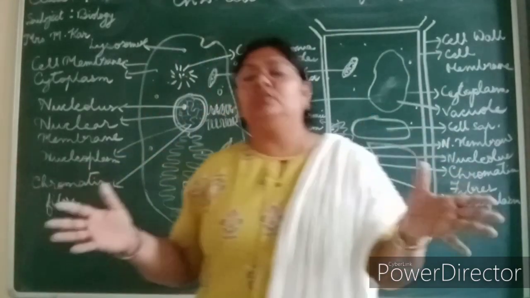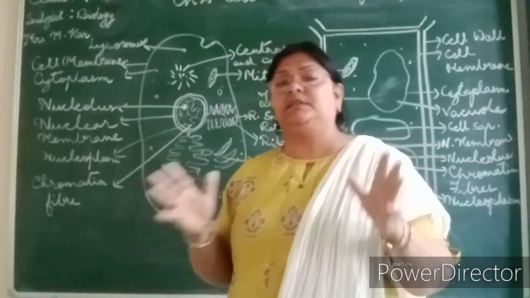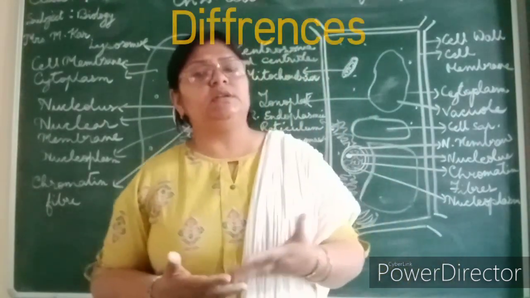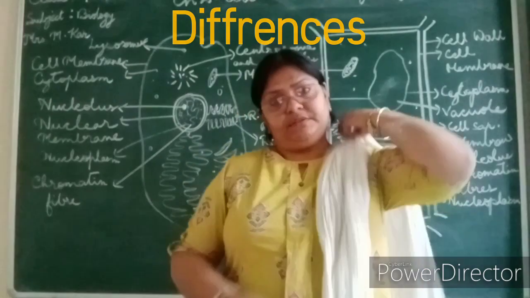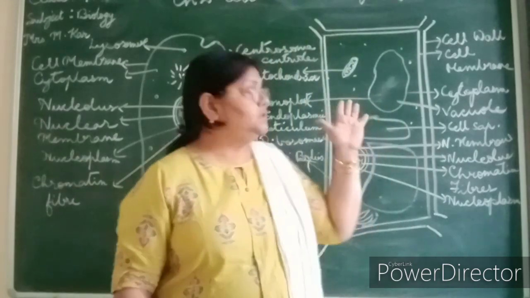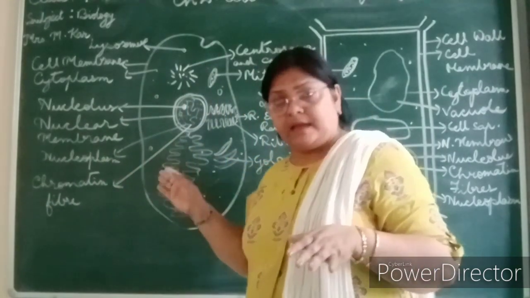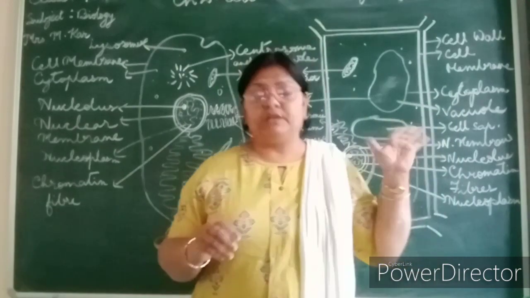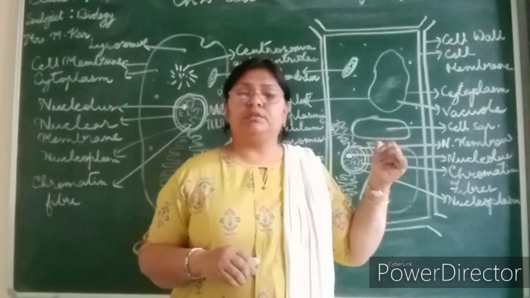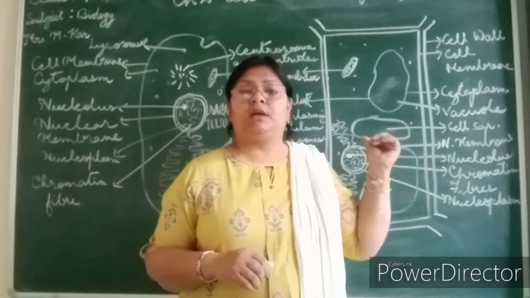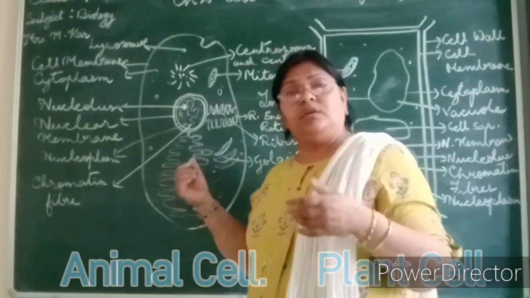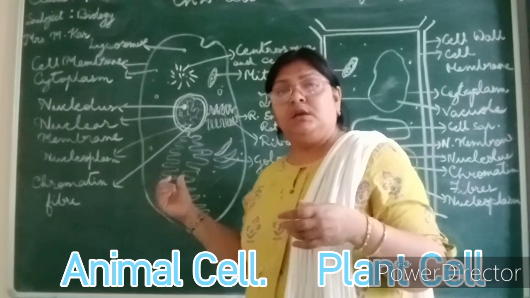So now that we know the parts and the generalized structure of a plant cell and an animal cell, we can very conveniently note the differences on our own. Let's talk about the cell wall first, which is present in the plant cell and absent in the animal cell. Cell wall is made up of cellulose. Vacuoles are much more prominent, and one or more are present in plant cells, while they may be small or temporary in an animal cell.